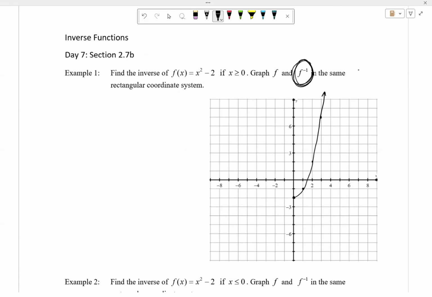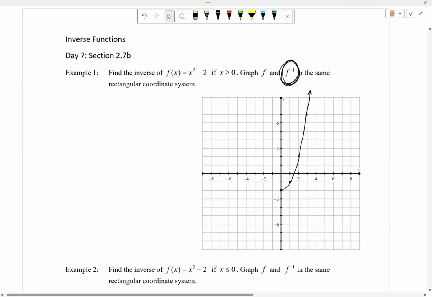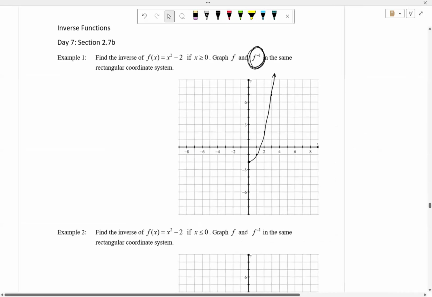Did you finish? Calling someone in just a few seconds.